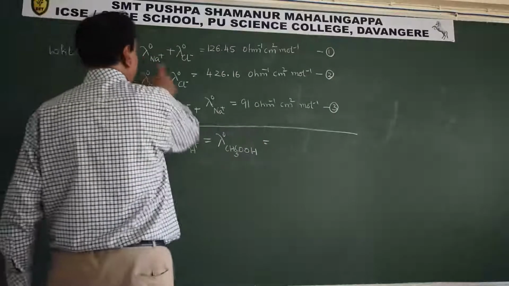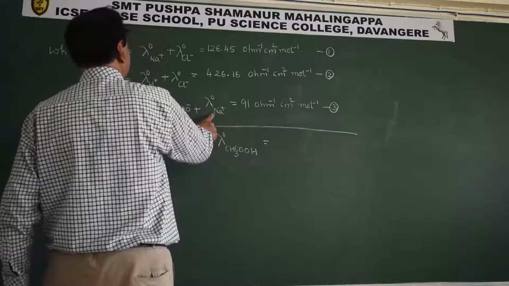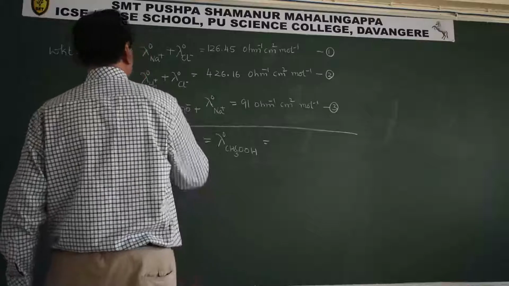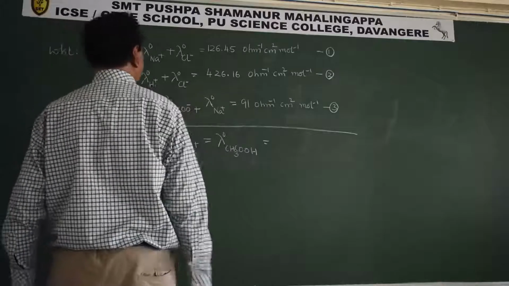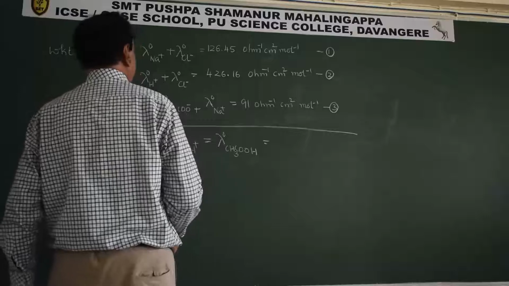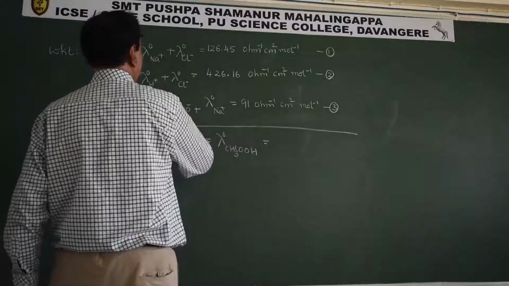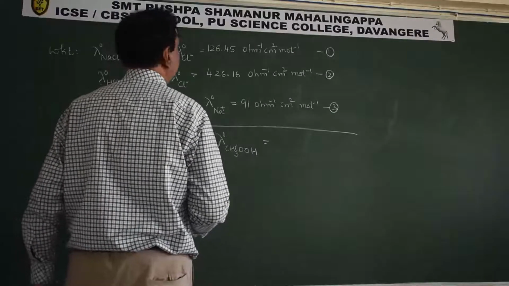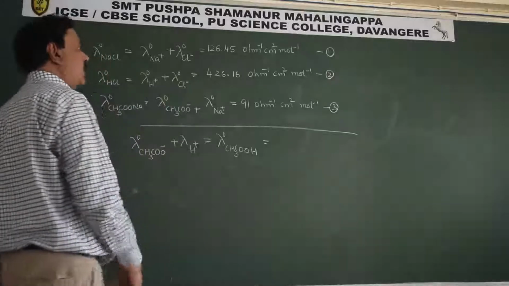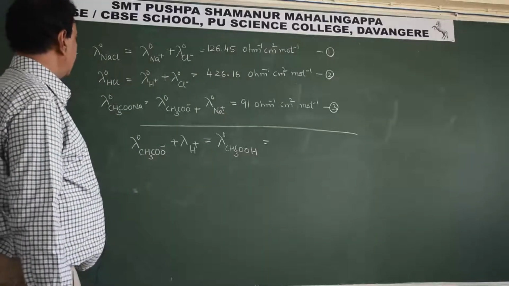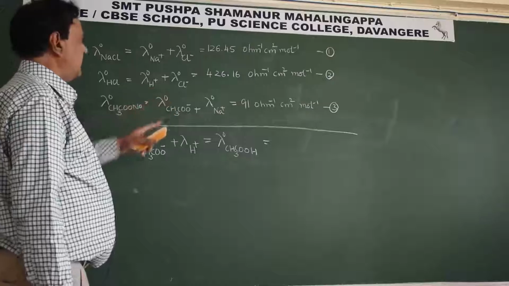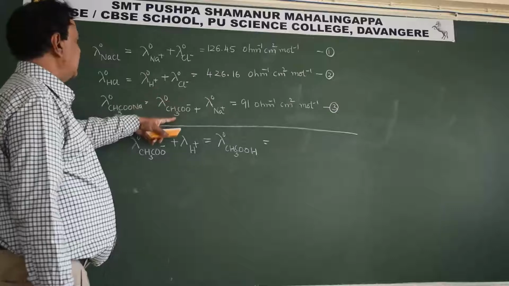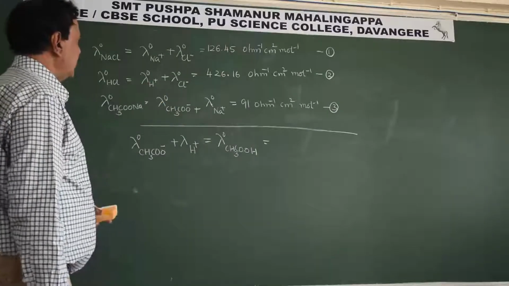Na plus will get cancelled, and Cl minus and Cl minus also. We need to retain CH3COO minus and H plus. Then either by adding or by subtracting equations, you should know how these values can be retained.